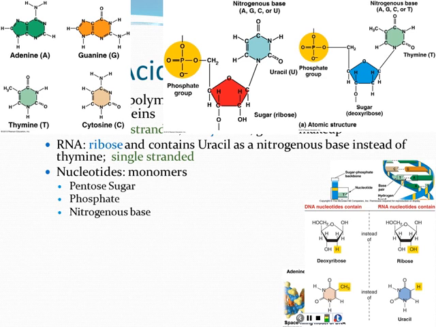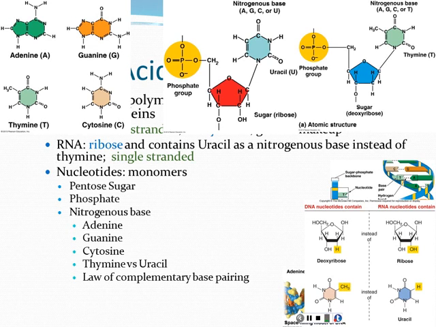Does that make sense? Yes? Because RNA doesn't have thymine. It has uracil instead. Okay, so please note that adenine always goes with thymine, guanine always goes with cytosine. So those are the nitrogenous base. We talked about thymine and uracil.